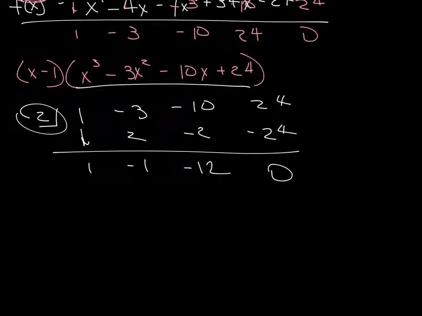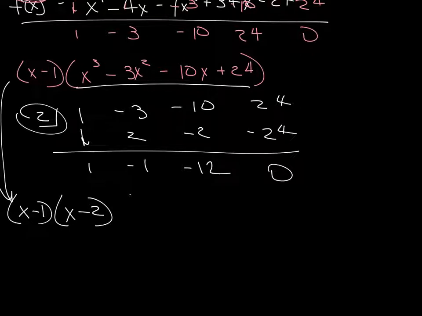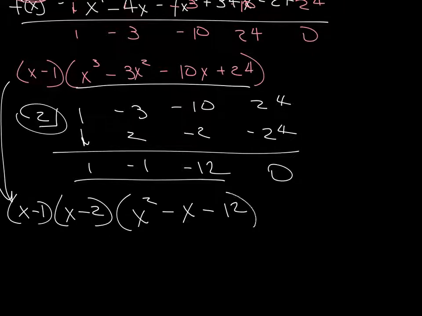Okay, hunky-dory, that works. So that gives me my negative 1 that I found earlier. Gives me a negative 2, an x minus 2, and then whatever I have here, x squared minus 1x minus 12. Okay? Once I get this down to an x squared, I am done doing synthetic division. So I had to do it twice to get down to an x squared.